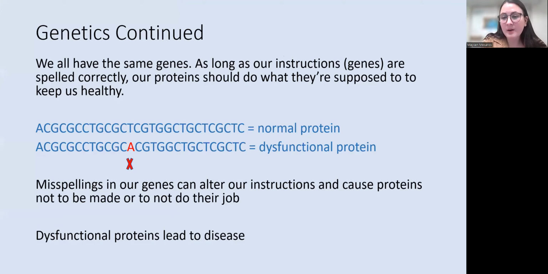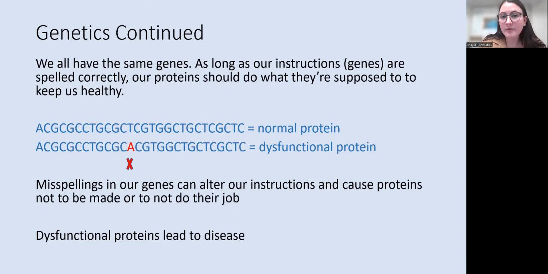It's important to know that we all have the same genes. So every single one of us on this call has the same genes. It's just dependent on what exactly our instructions look like. So as long as our instructions are spelled correctly, our proteins should be made normally and should function appropriately to keep us healthy from disease.